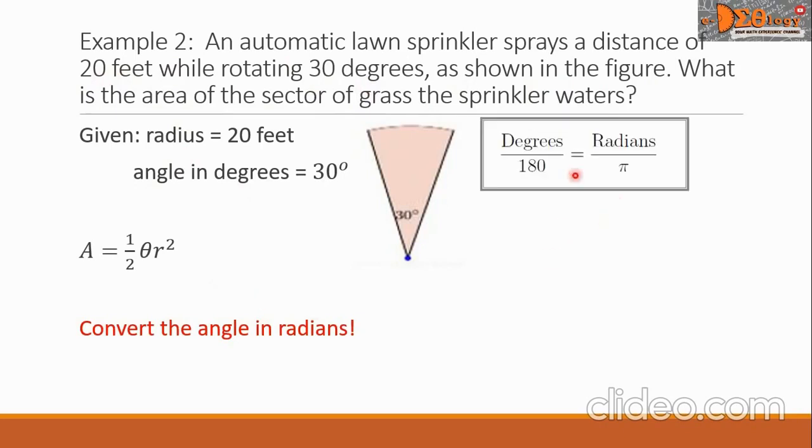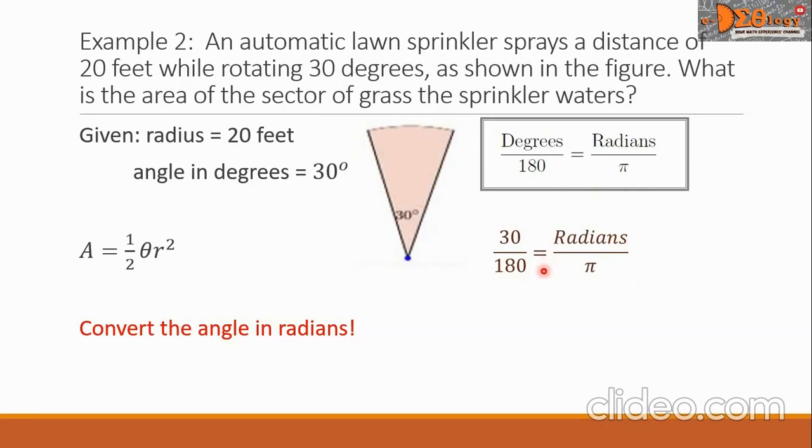The conversion formula is here. Let us now substitute the value. 30 over 180 equals radians over pi. Let us simplify our left-hand side.